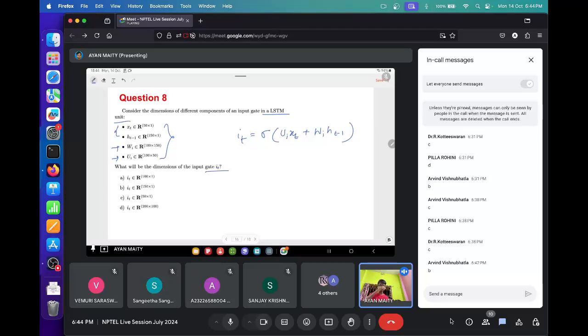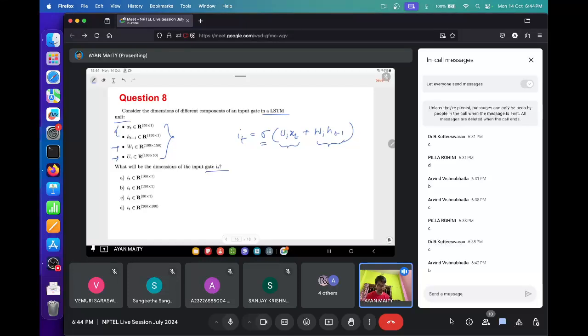Bias doesn't have any say on the dimensions of the output. So ui xt and wi ht minus 1, and then we compute the sigma of that. Sigma would not change the dimension of this matrix. So we just need to compute what will be the dimension of ui xt or wi ht minus 1.